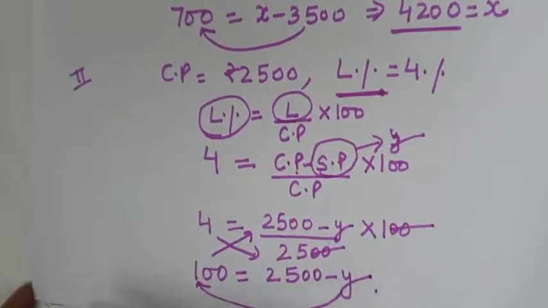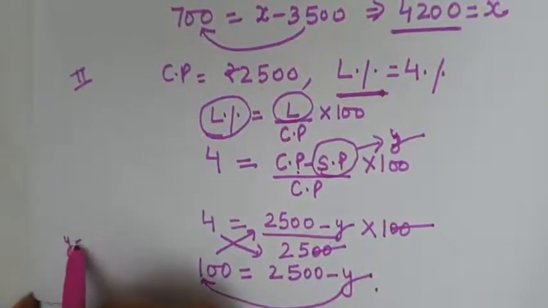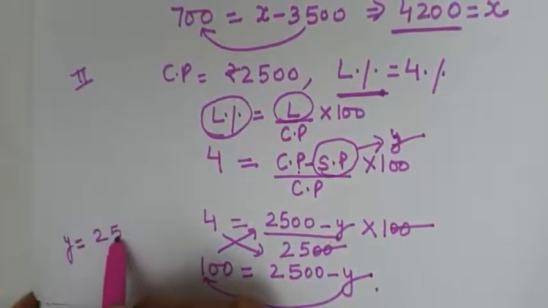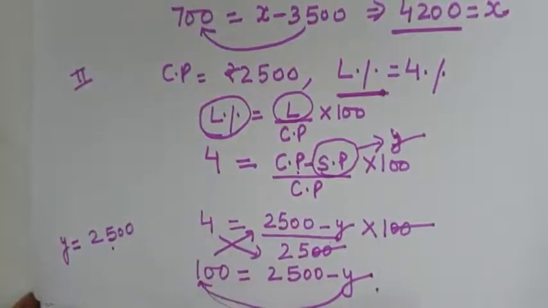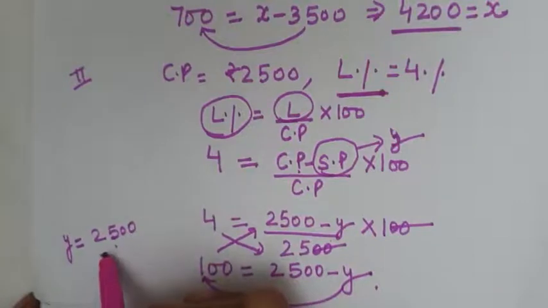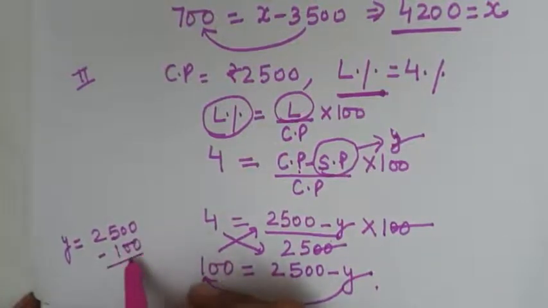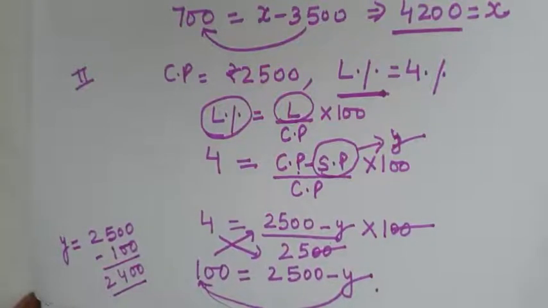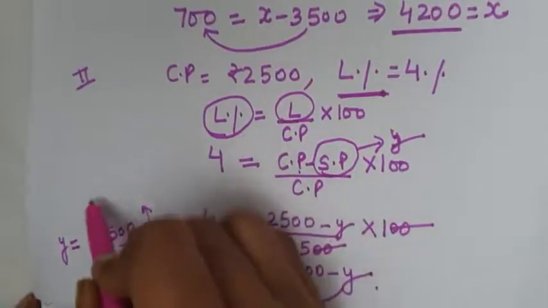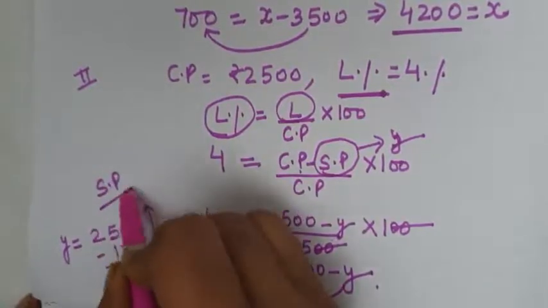So what we get? We get Y is equal to 2500 plus, not plus, 100 will shift to that side, it will get subtracted. So what we get? We get 2400 rupees. Now this is the selling price of the second article.